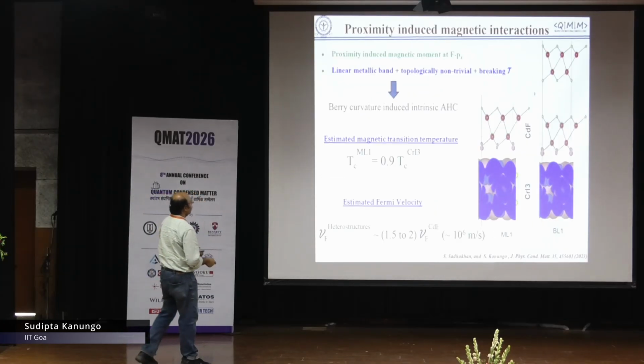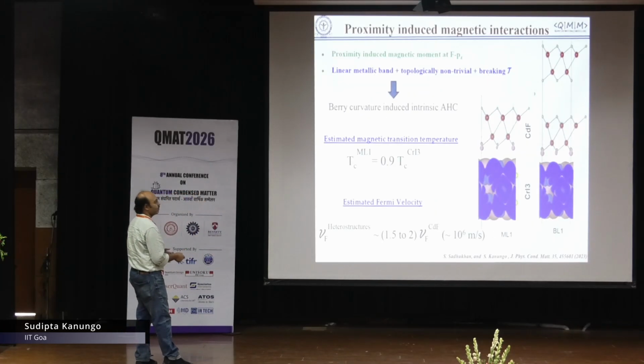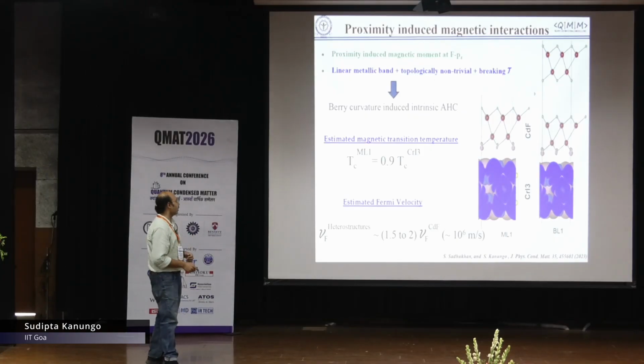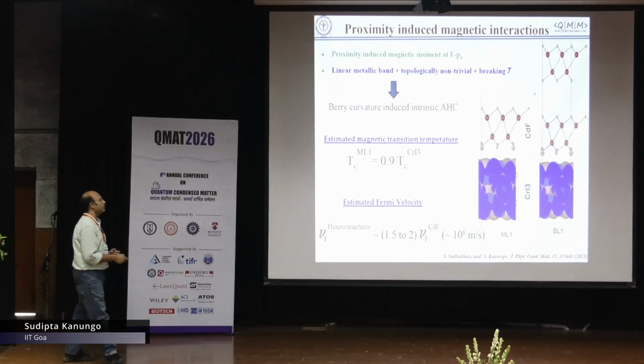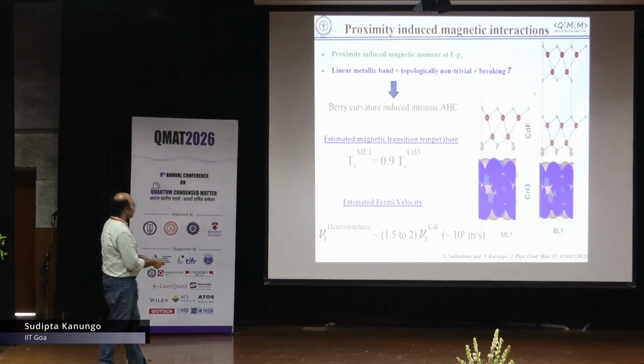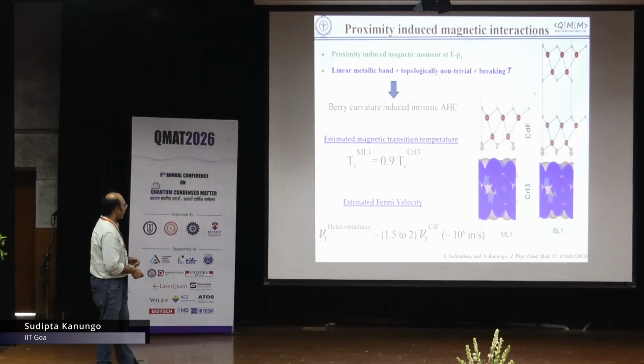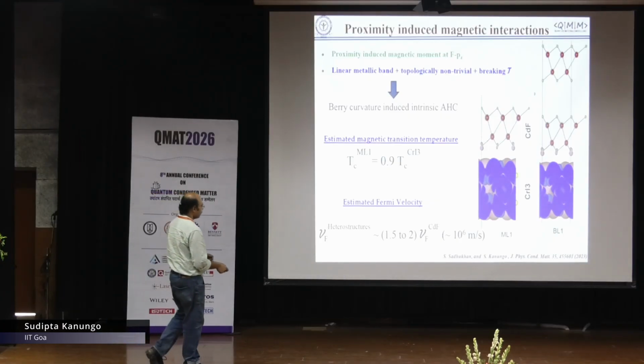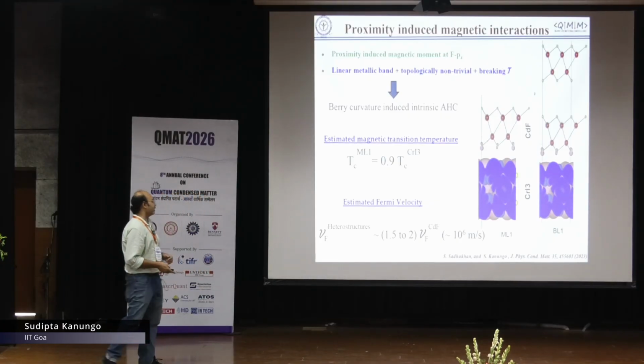Okay, let me skip. Also we calculate the transition temperature for the heterostructure, which comes out around 0.9 of the parent chromium triiodide transition temperature, and the Fermi velocity is very high, close to 10 to the power 6 meter per second.